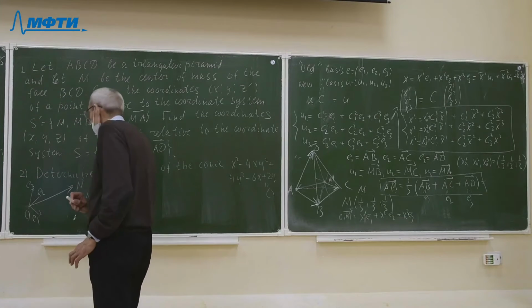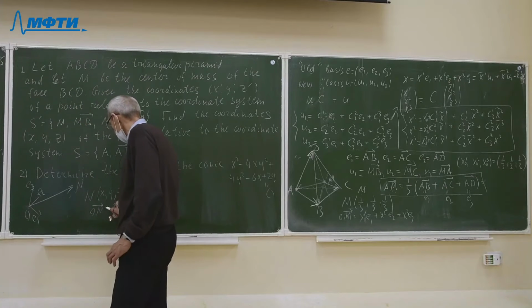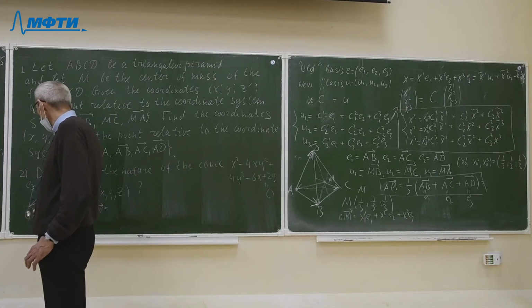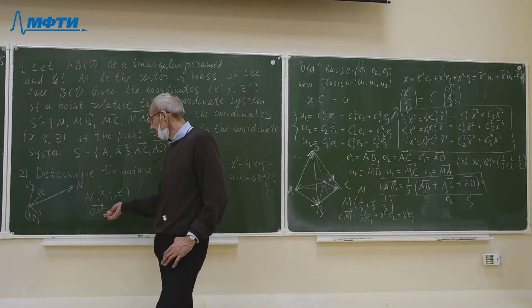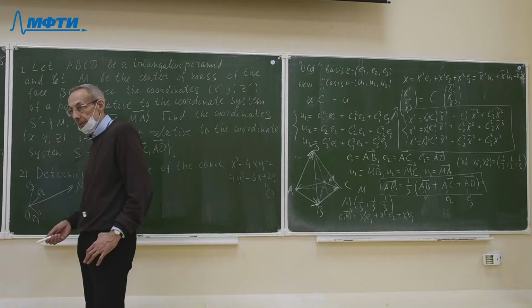What does the coordinate of a vector mean? By definition, the coordinates of the vector are the coefficients of the linear combination which presents this vector as a linear combination of the basis vectors.